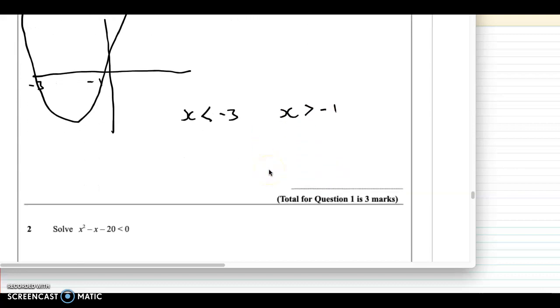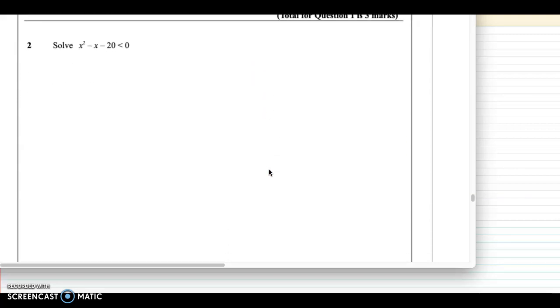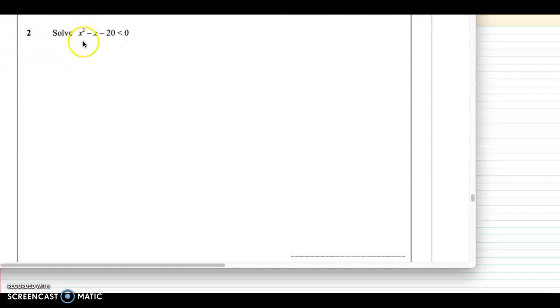Okay, let's do another one. Question 2. x squared minus x minus 20 is less than 0. So let's put our brackets in first. It's going to be x, x. What do we multiply together to make minus 20 and add together to make minus 1, minus 1x?